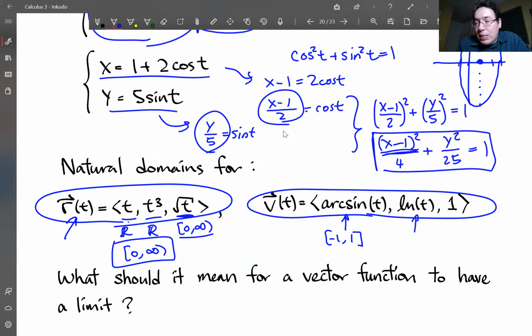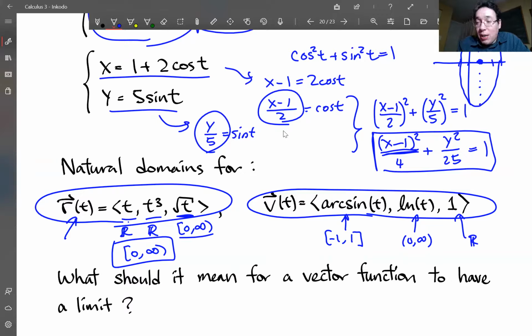The natural log function, you can't plug in negative or 0 into the natural log function. So t has to be positive, from 0 to infinity, not including the 0. And for the z component, 1 makes sense no matter what t is, right? t is not even appearing in the formula, so any real number is okay.